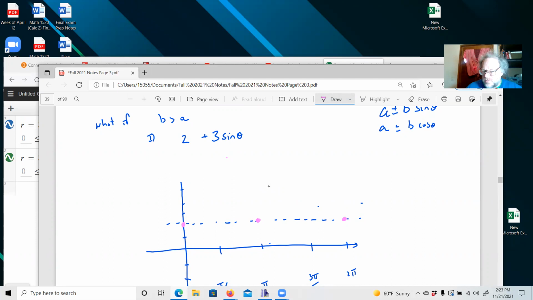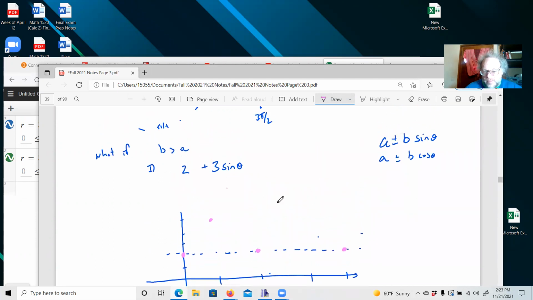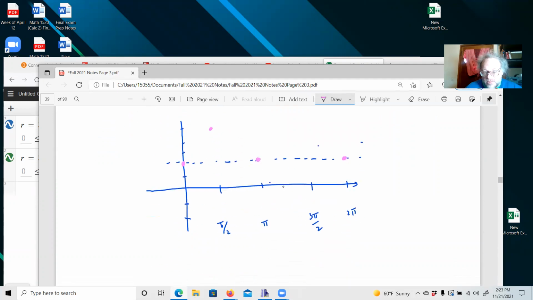Now at pi over 2, sine is 1, so we have 2 plus 3. We're going to be up here at 5. Now at 3 pi over 2, sine is negative 1, so that'd be 2 minus 3. That would be down here at negative 1. Okay. So let's go ahead and graph our sine.